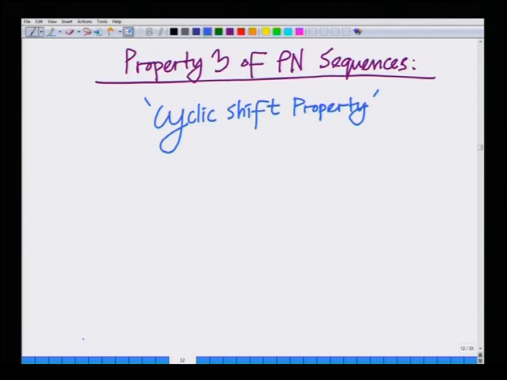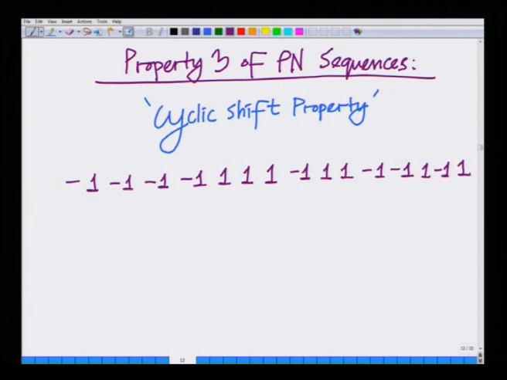Now, let me write down again the same PN sequence that I had written before, that is minus 1, minus 1, minus 1, minus 1, 1, 1, 1, minus 1, 1, 1, minus 1, minus 1, 1, minus 1, minus 1.